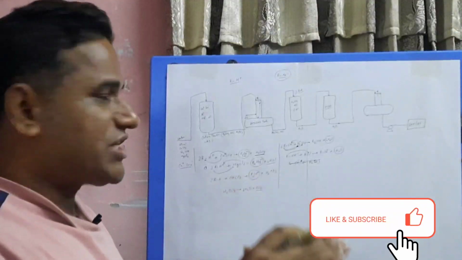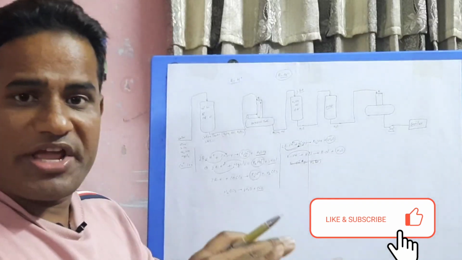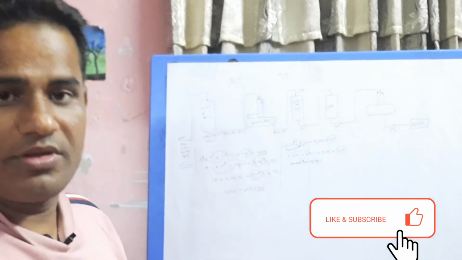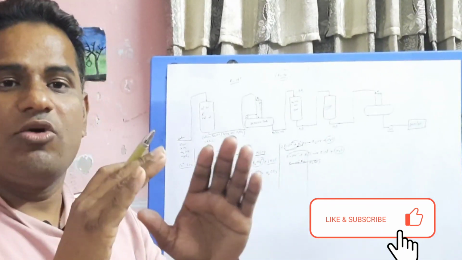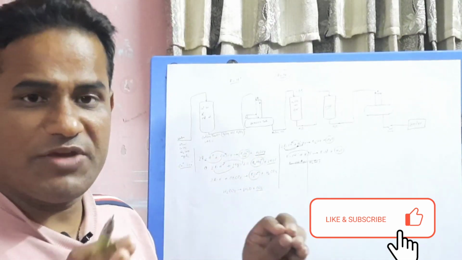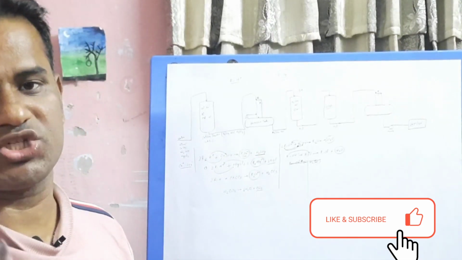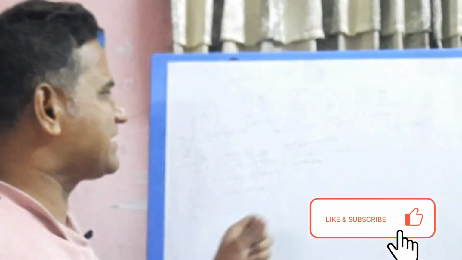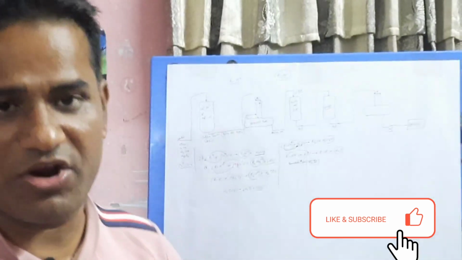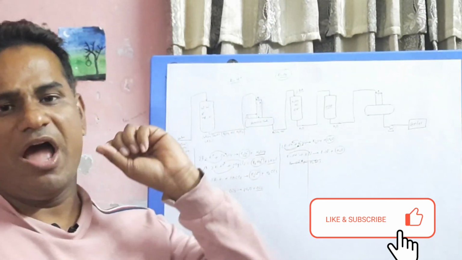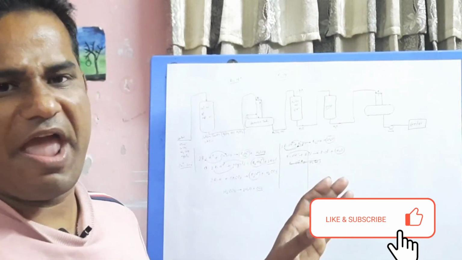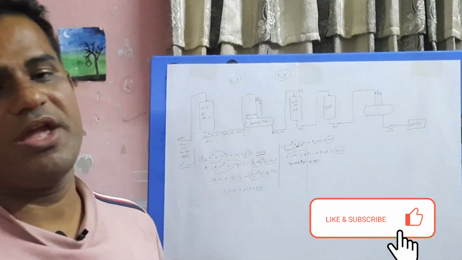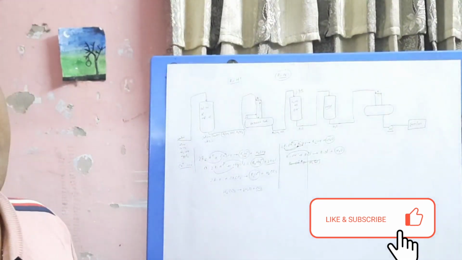So after the cation tower and anion tower resin are exhausted, we have to do regeneration. If we don't do regeneration, what will happen? All cations and all anions will pass through the cation tower and anion tower, go to the boiler, and create an abnormal situation. That's why regeneration is required.